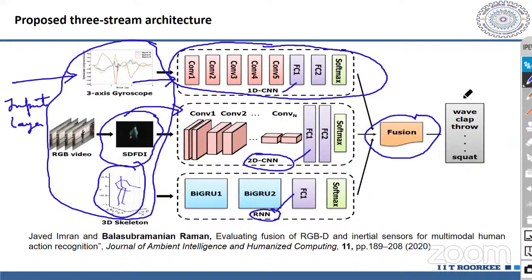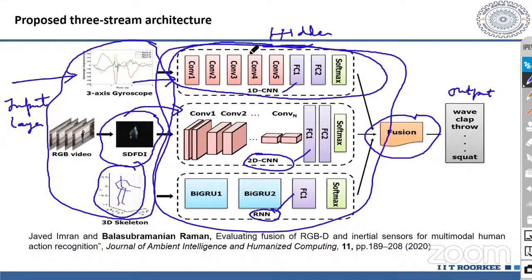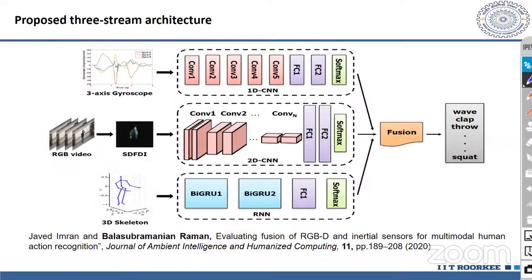And then the output layer. This complete scenario is the hidden layer, and this is the output layer. The output layer will give you the class labels: waving, clapping, squatting, all these are the classes.